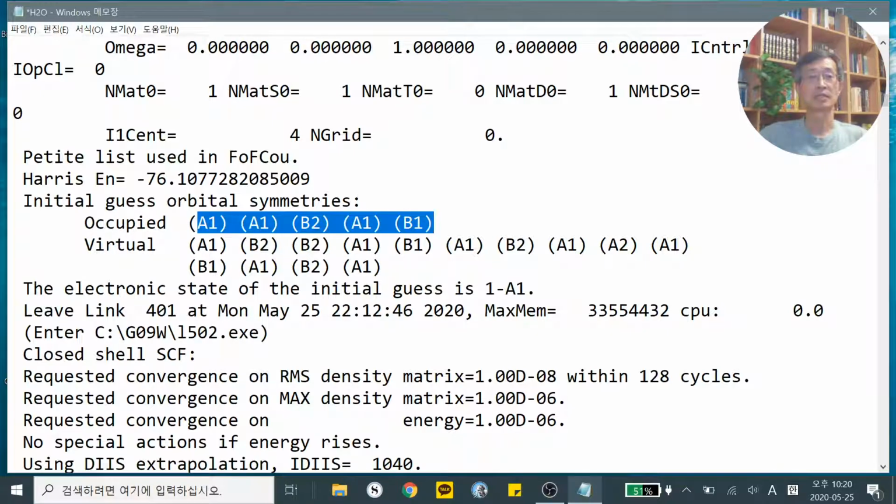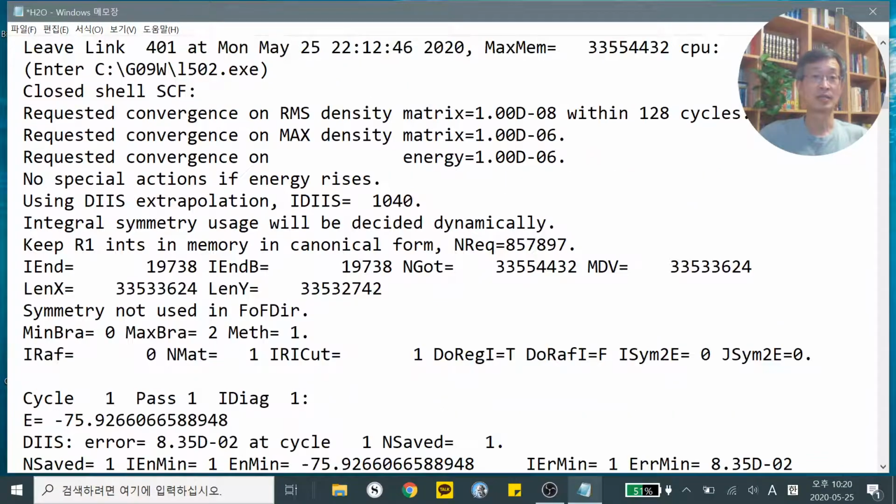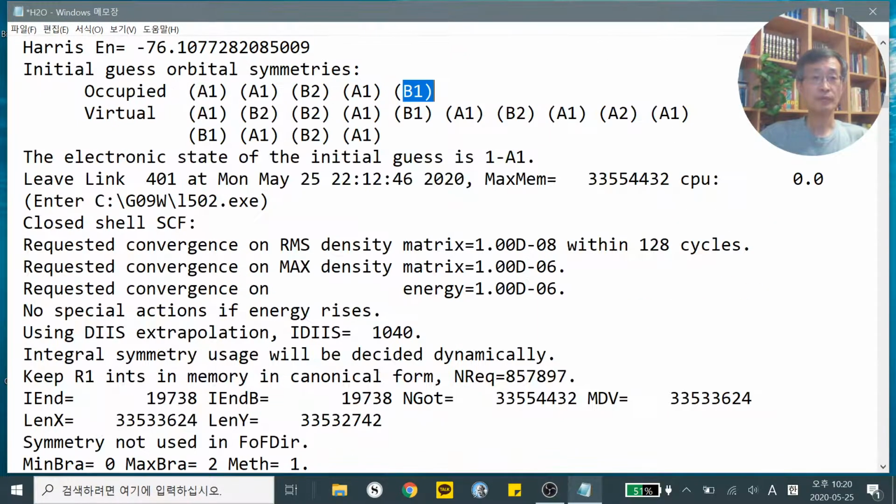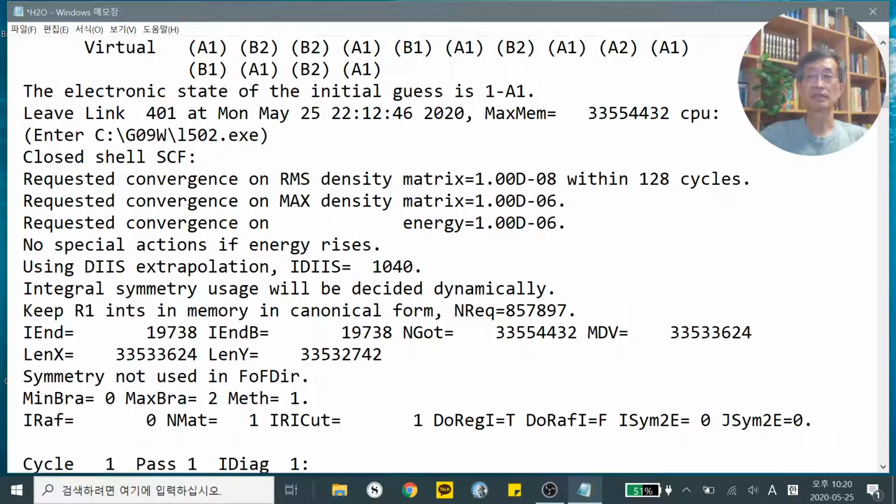Occupied orbitals are these. Actually, we have seen this by analyzing the SALC orbitals based on the symmetry. So this is 1A1, 2A1, and this is 1B2, and now 3A1 and 1B1 orbitals in our notation. Now we are ready to begin the SCF cycles. This is a closed shell calculation, or RHF calculation, restricted Hartree-Fock, meaning there are the same number of alpha and beta electrons.